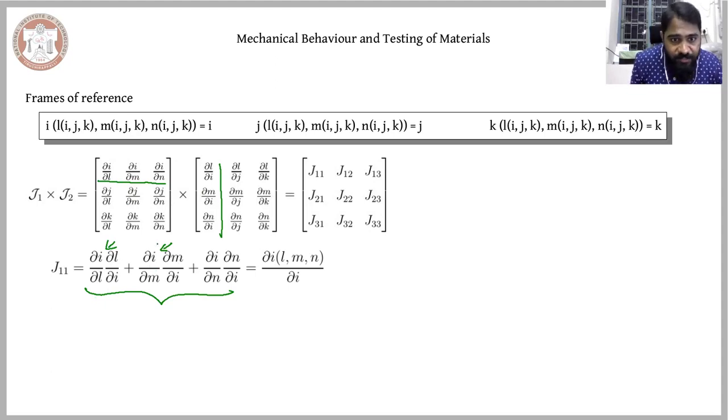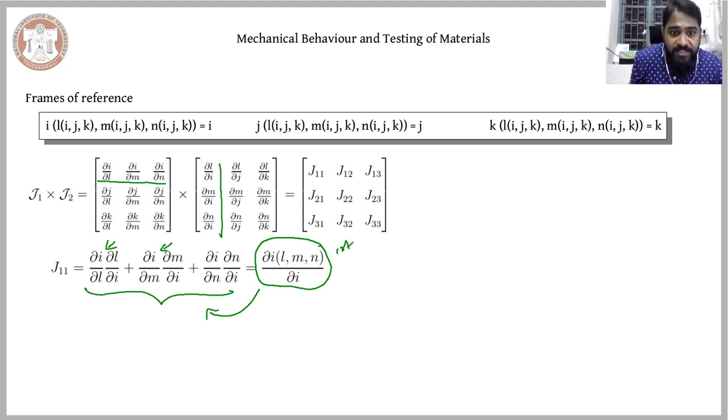And this expression here can be viewed as the derivative of I with respect to I, wherein the numerator I is dependent on L, M and N. So when I have this in the first place, I can write this as the chain rule expansion of this. If this is known to me first, or a priori, then I can expand this in this form.